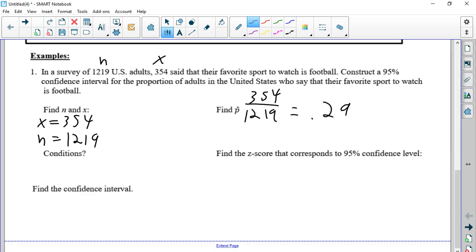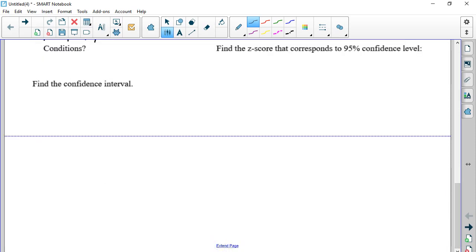And now think about it. If 29% said yes, what's the percent that said no? That's going to be our 1 minus p hat. So let's check our conditions. n times p hat. So 1219 times 0.29.